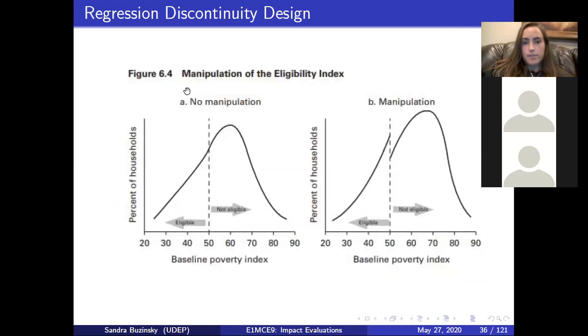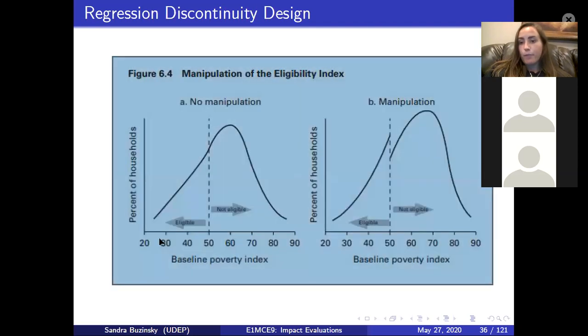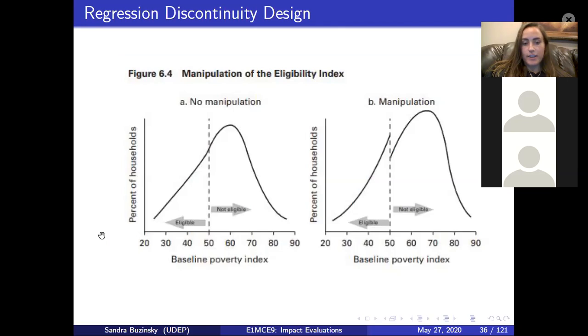So for example, this graph of manipulation of the eligibility cutoff shows a distribution, the percentage of households for any given poverty score. On the left-hand side is the eligible population, and the right-hand side is the ineligible population. You can see the distribution is very smooth, so there's no evidence of manipulation here.